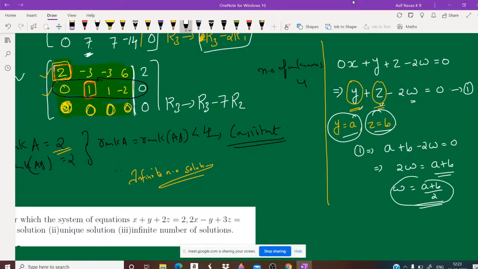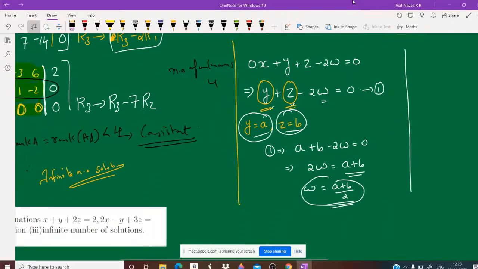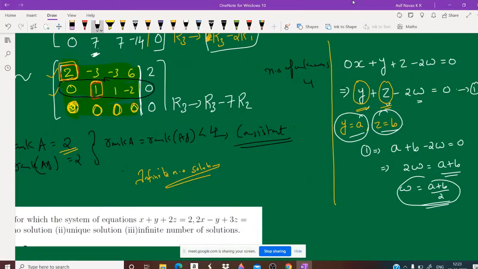Now what is the only unknown left? x. So we want to find the value of x. So we will take this equation.